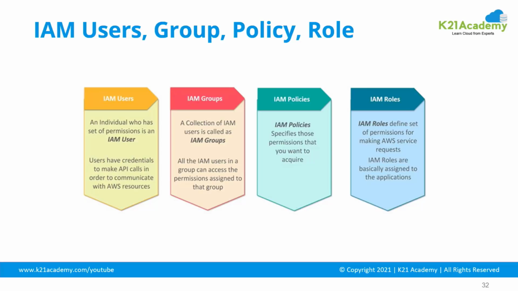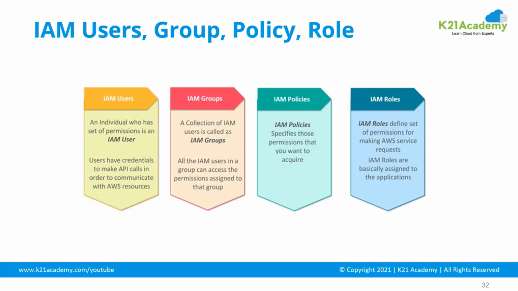And then an IAM role is a set of permissions that you assign so that you can make a request to an AWS service. A request could be accessing it, deleting it, creating it, maybe editing it. So it's a set of permissions that you can apply, and then that role can be assigned to either a user, a group, an application, or maybe a service itself.